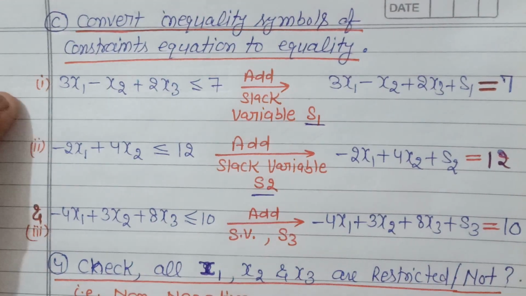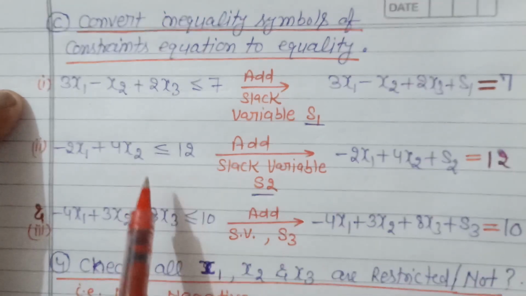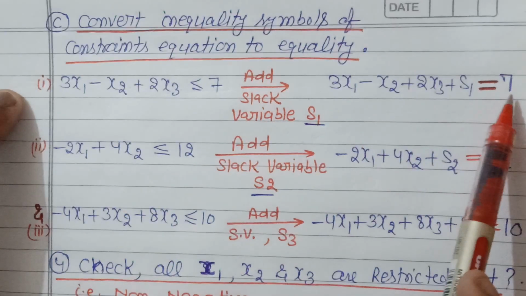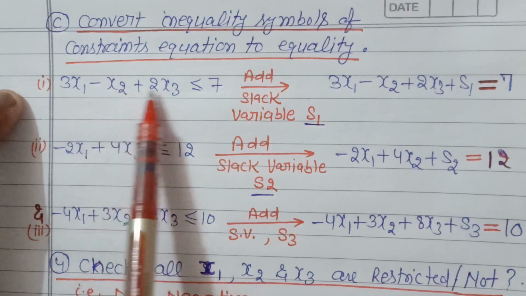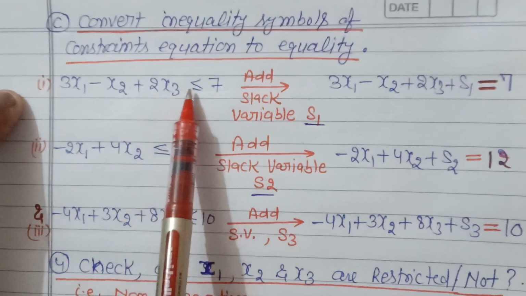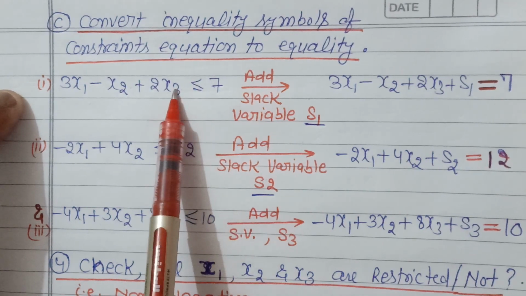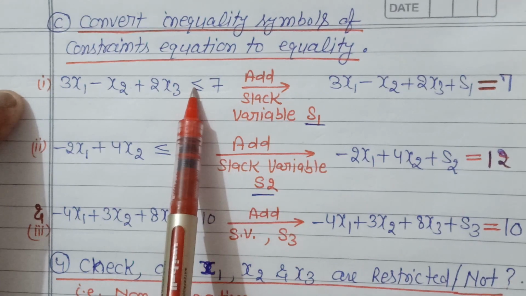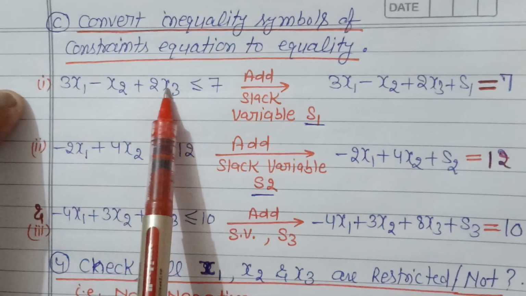Now in the third step we have to convert the inequality equations given in the initial question to equality equations. This is the first inequality constraint equation. You will see that this symbol is of less than or equal to type, so we have to convert it to equality, and for that purpose we have to add a slack variable on this side of the equation.